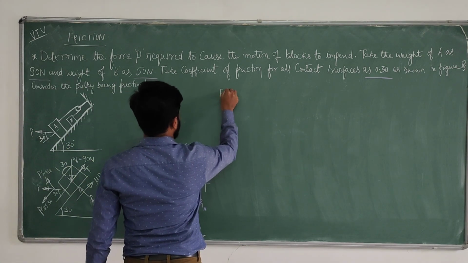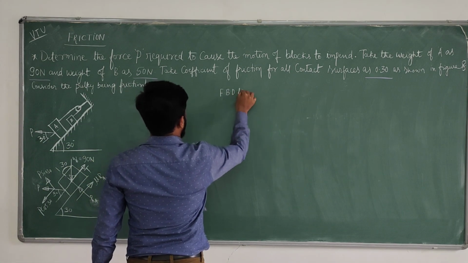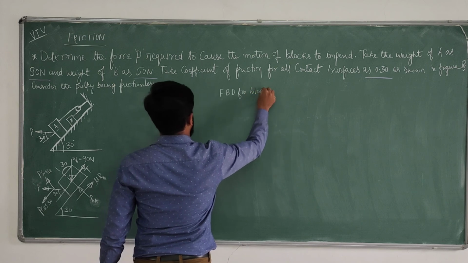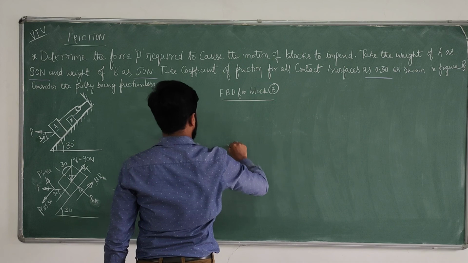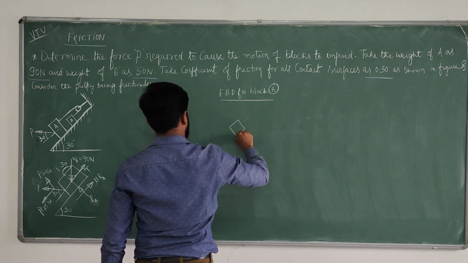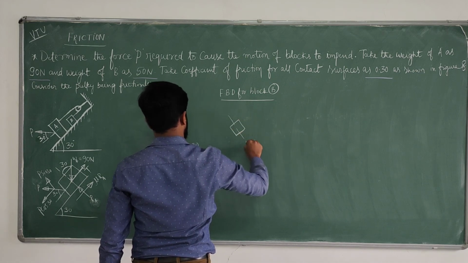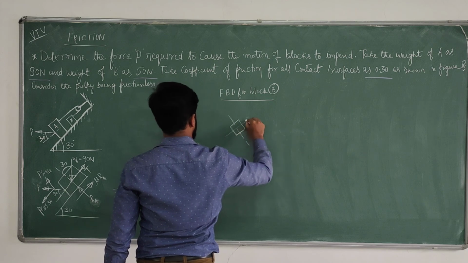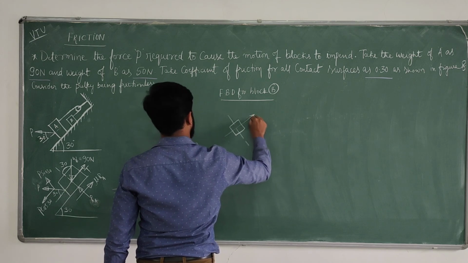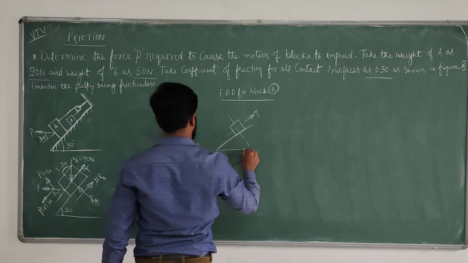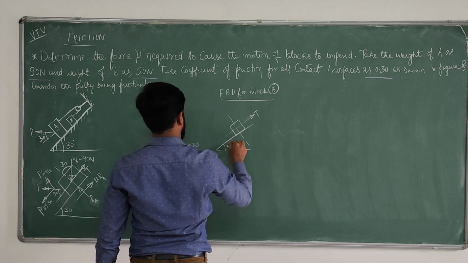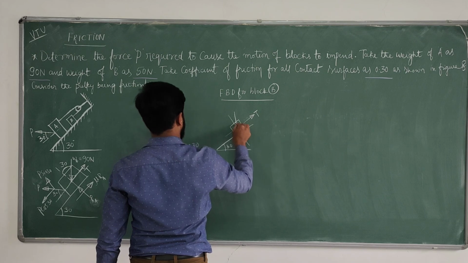Next is the FBD for block B, that is also on an inclined plane. So this is B, and this is the tension T. The plane is at 30 degrees, therefore the weight will act like this.